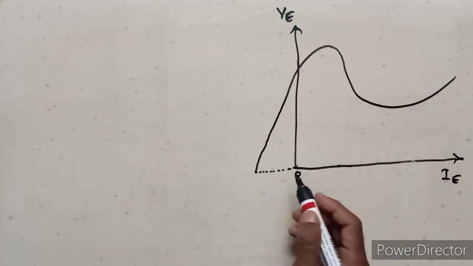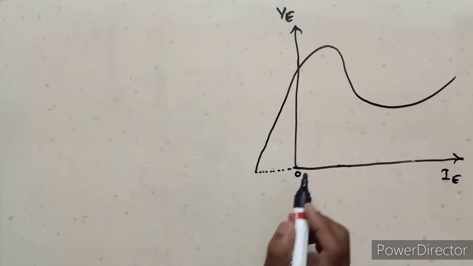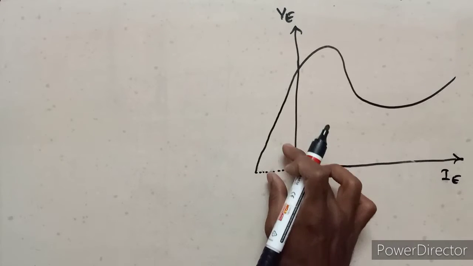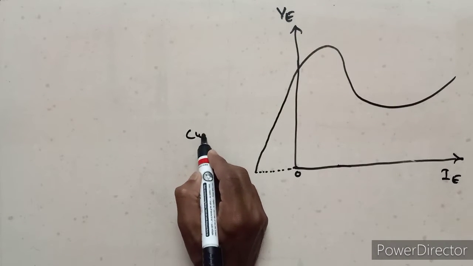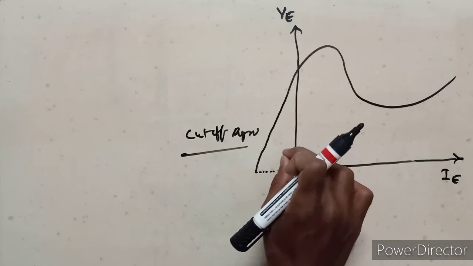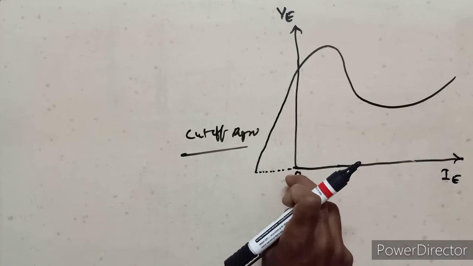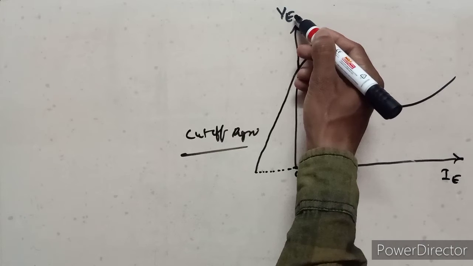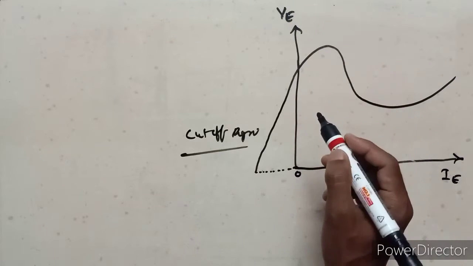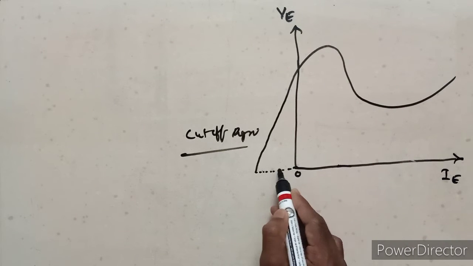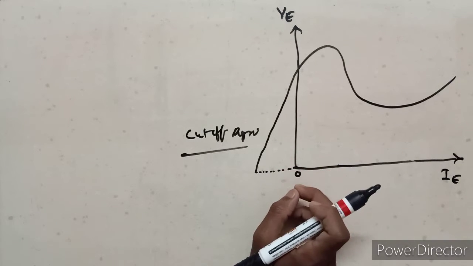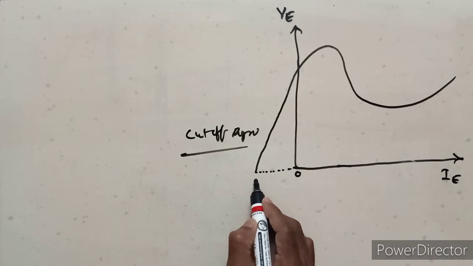So this is the characteristics curve. Initially this is the cutoff region. In the cutoff region, as the emitter voltage increases below zero, a slight leakage current flows from the emitter to the base.